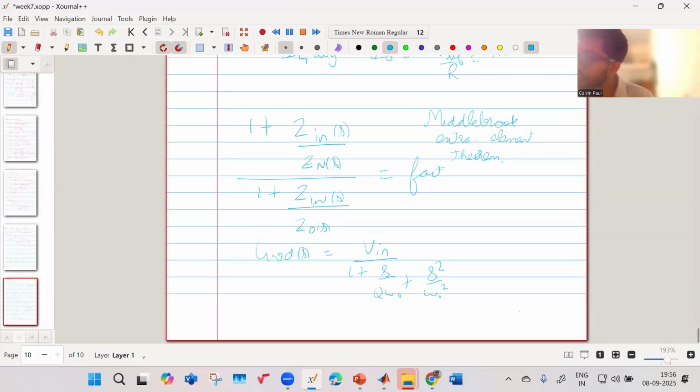Now when you introduce this filter, what does the filter see? It sees your input impedance. I think I'm making a mistake here. Let us see how it looks. You have your input voltage, then you have your filter, then you have your DC-DC converter.